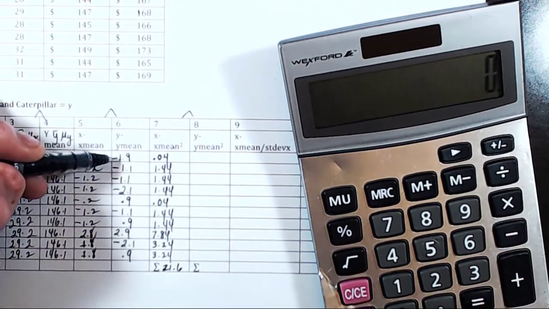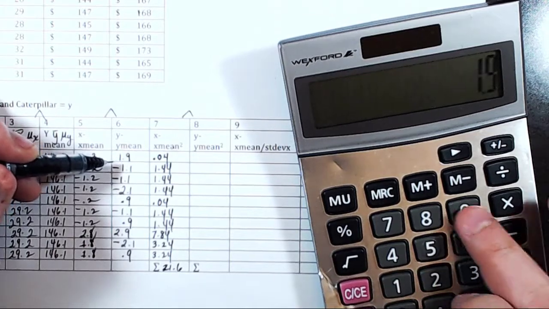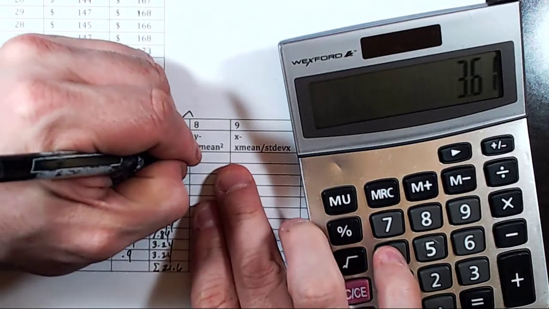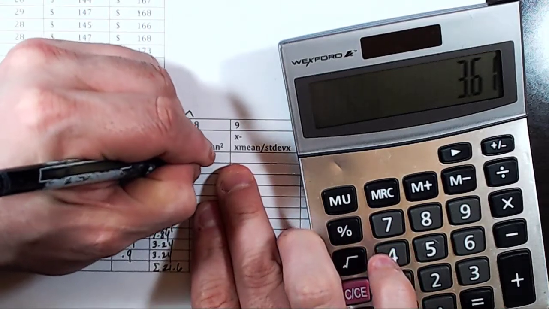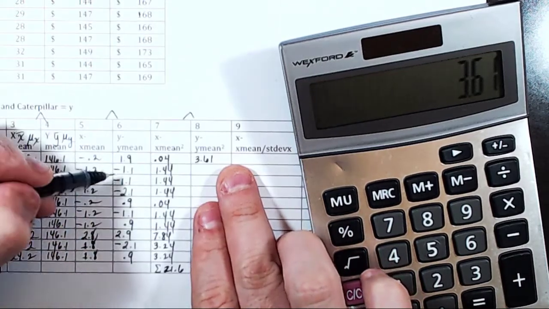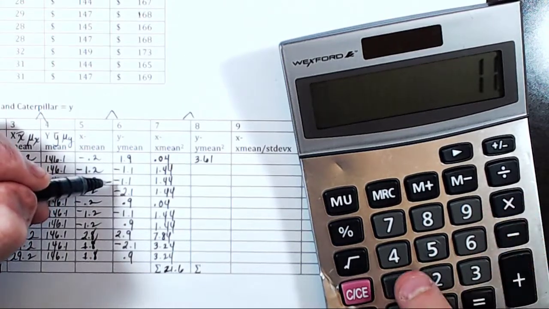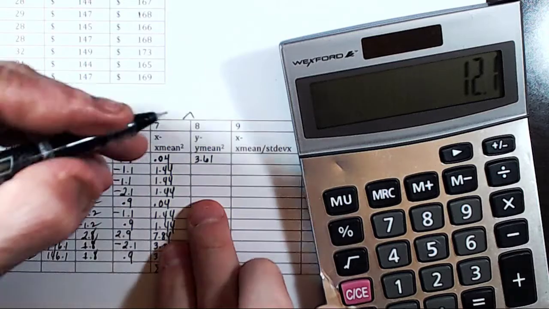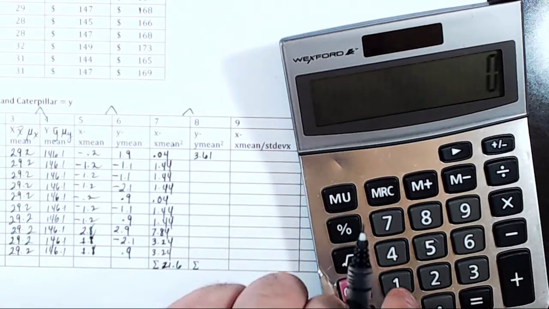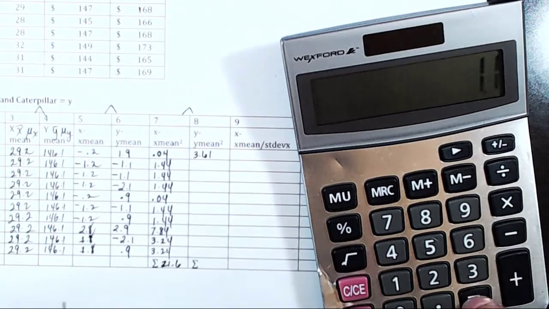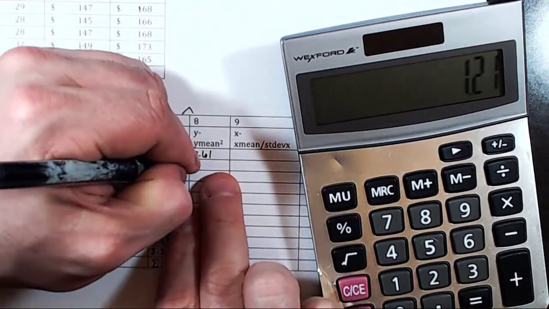So the first one is 1.9 times 1.9, and that equals 3.61. And then 1.1 times 1.1 equals 1.21.